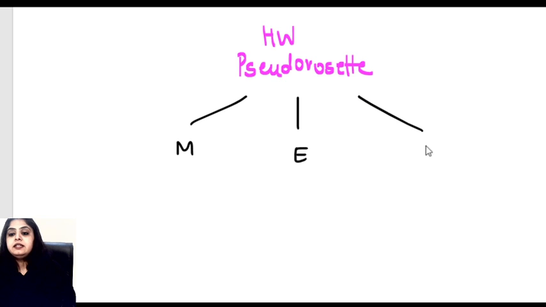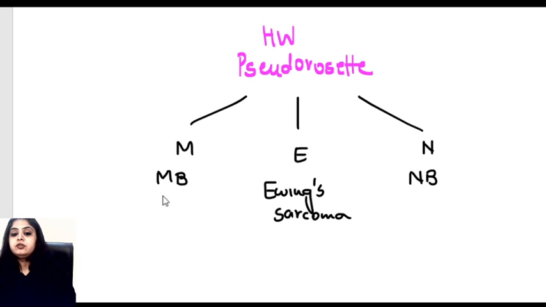With E, I have already told you that it is the Ewing sarcoma. For the two blastomas, that means medulloblastoma, a brain tumor, and neuroblastoma, a childhood tumor. So remember: medulloblastoma, Ewing sarcoma, neuroblastoma. These MEN tumors can show me Homer-Wright pseudo-rosettes.